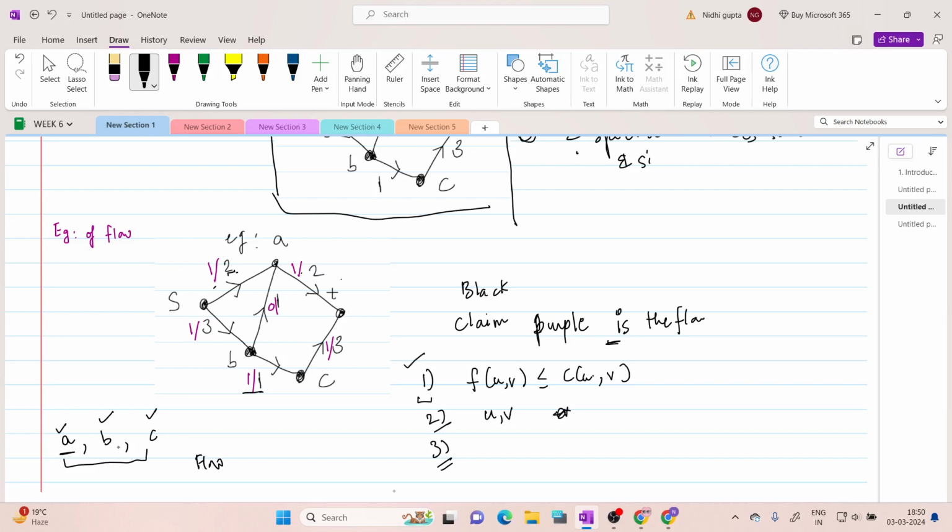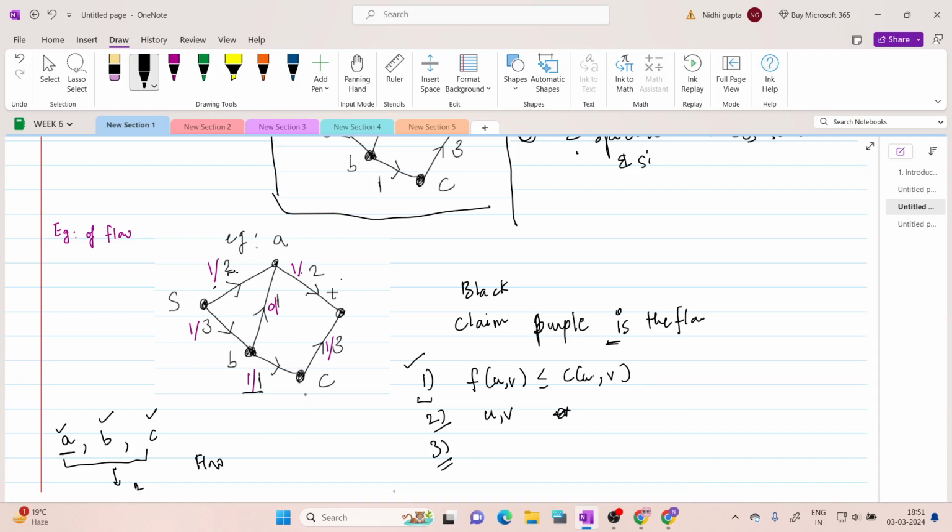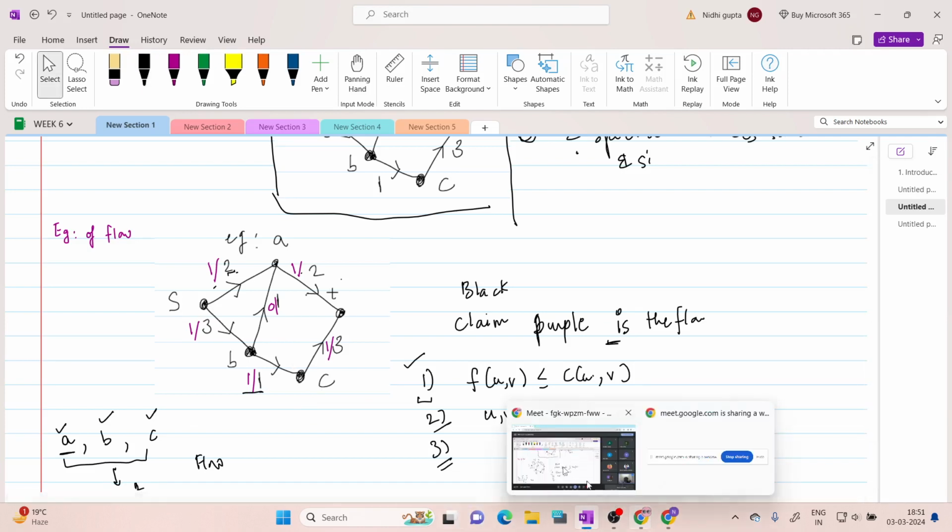What about B? Is it true for B also? Yes, because coming is basically 1 and going is 1 plus 0, which is 1. So the conservation law is satisfied for B also. What about C? Yes, it is also satisfied for C.